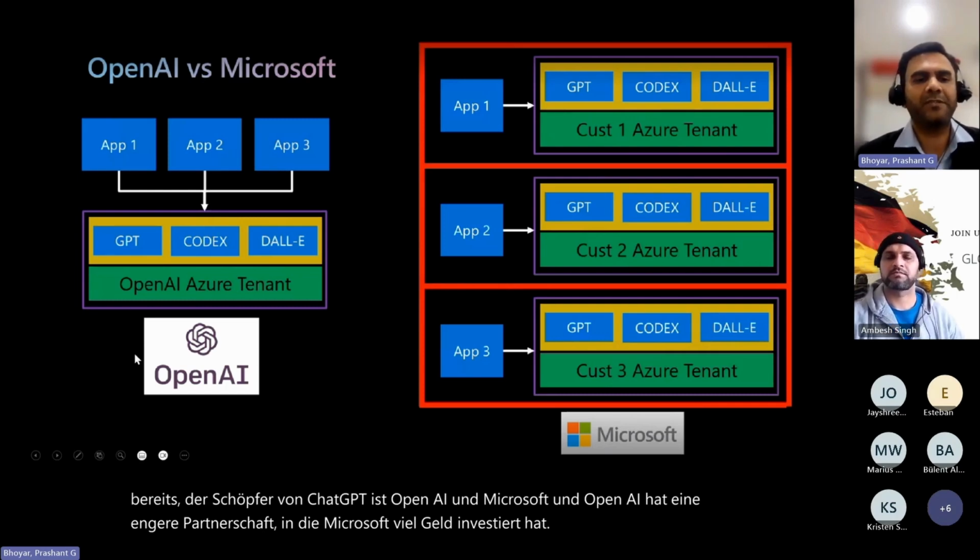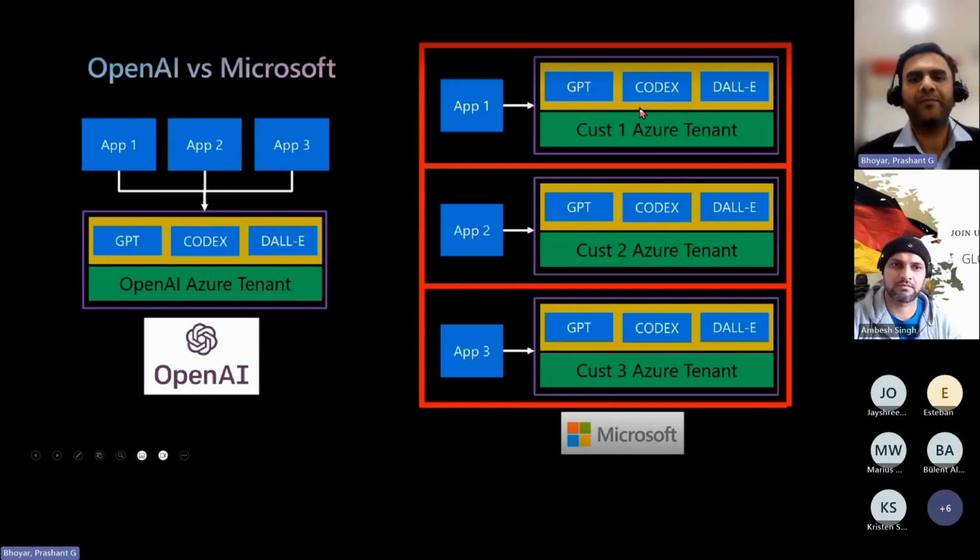When you use services directly from OpenAI, you are directly interacting with OpenAI's tenant, whereas when you go with the Azure OpenAI Service, you create your own service in your own subscription, and whatever app you're building will only be communicating with your own service, and other customers or tenants will not have any visibility or access to it.